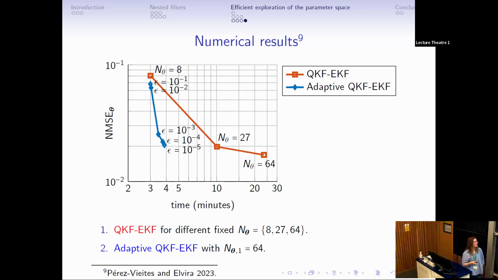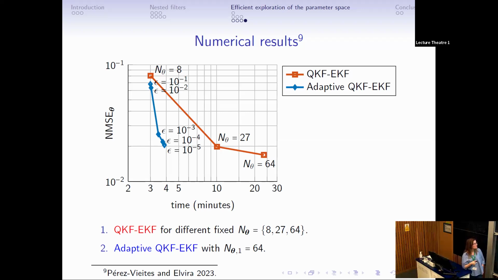That is the red line. So we tried 8, 27, 64, and we keep it fixed all over the simulation. I have to say that each point is the average of many simulations, not just one single simulation. I think it's like 50 simulation runs or something like that.